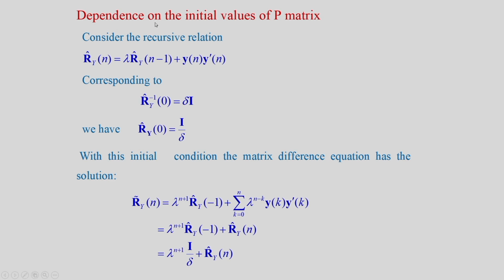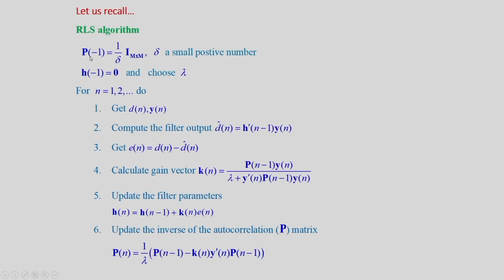Next, we will see the dependence on the initial values of the P matrix, because we initialize the P matrix here. P of minus 1 is equal to 1 by delta into identity matrix, where delta is a small positive number.